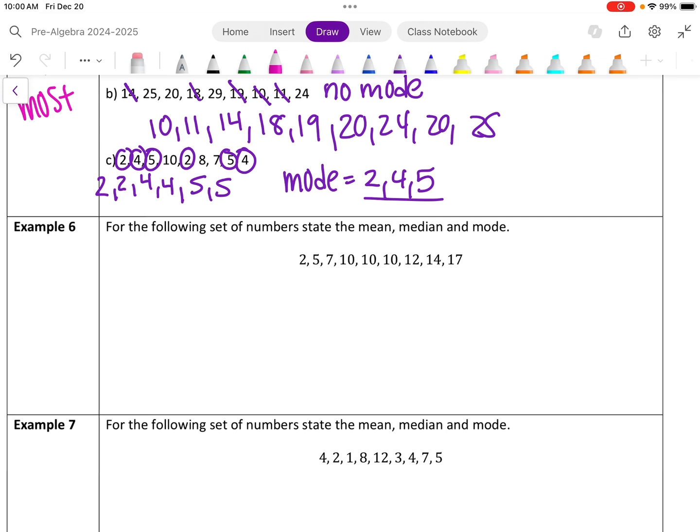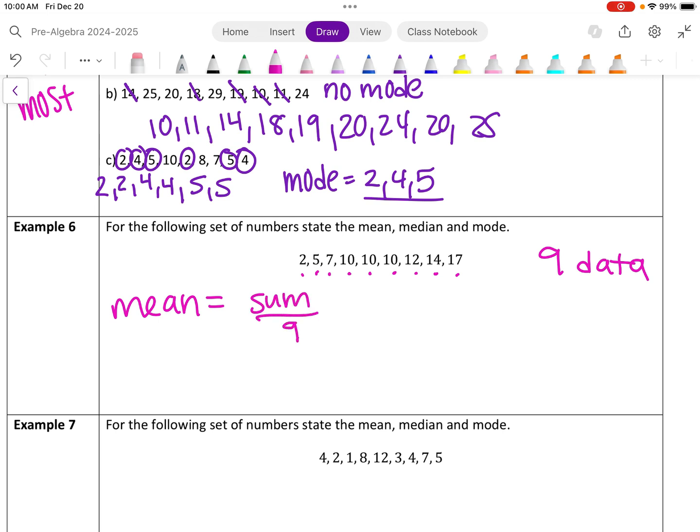So example 6, the first thing you want to do is order them from least to greatest, but it looks like it's already done. Then let's count how many data points there are. There's 9 data points. So we are going to now get the mean by adding them all together and dividing them by 9.